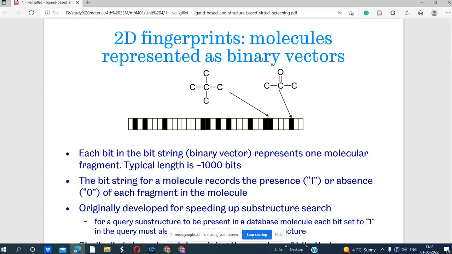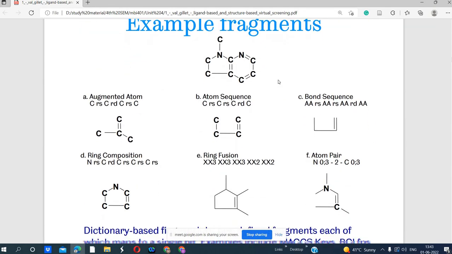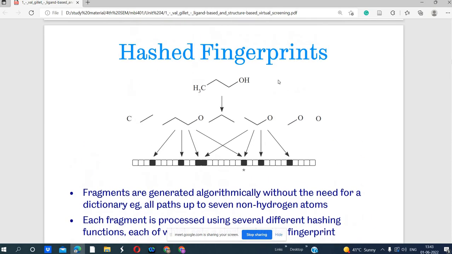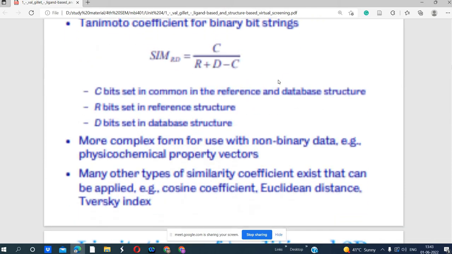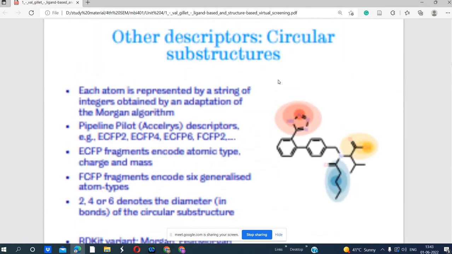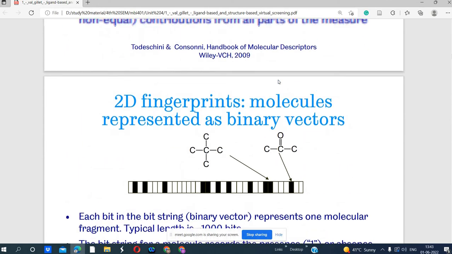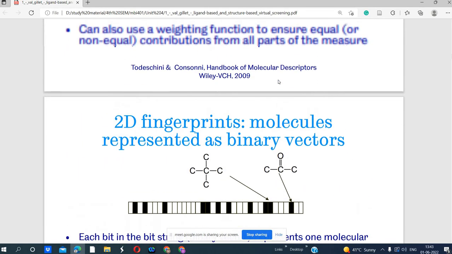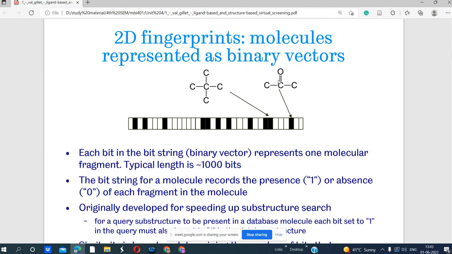Now come to the two-dimensional fingerprints. Molecules represented as binary vectors. Two-dimensional fingerprint: molecules represented as binary vectors.